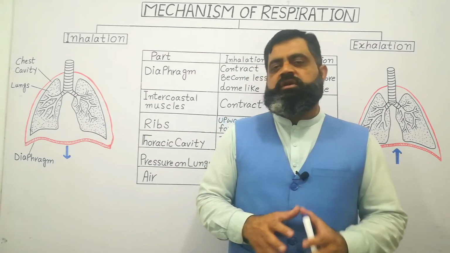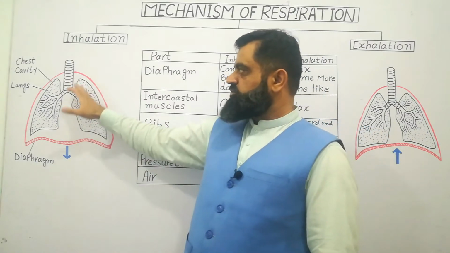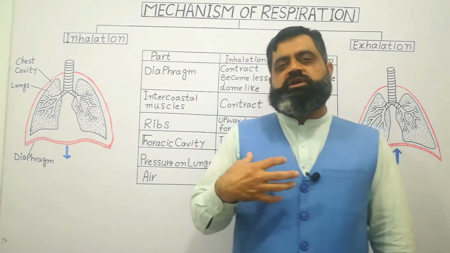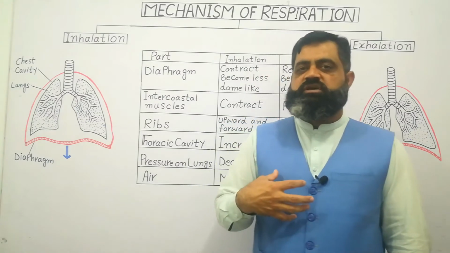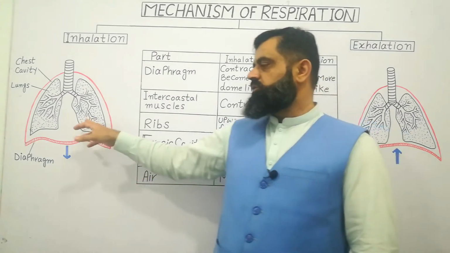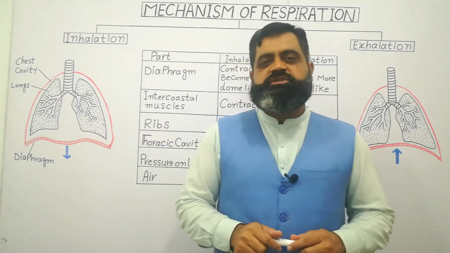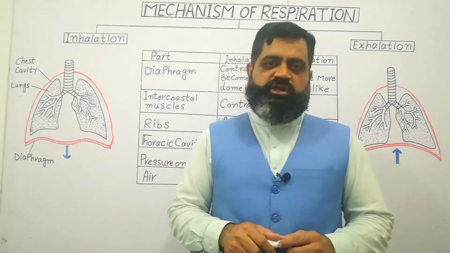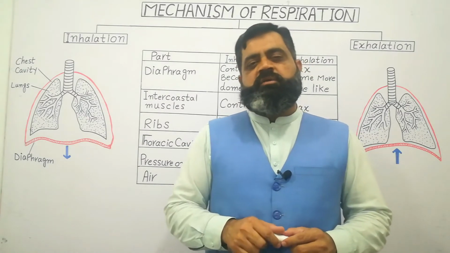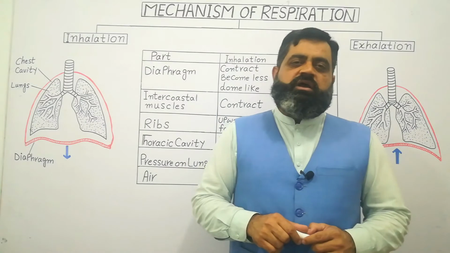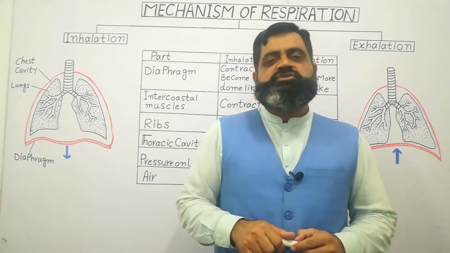First of all, our lungs. As you know, there are two lungs, which are located in the chest cavity, the thoracic cavity in humans. Lungs are spongy because they contain millions of alveoli, which are small bubble-like sacs and the functional unit of the lungs.